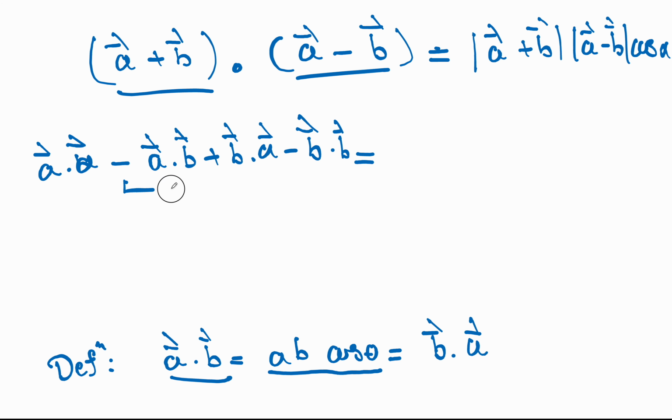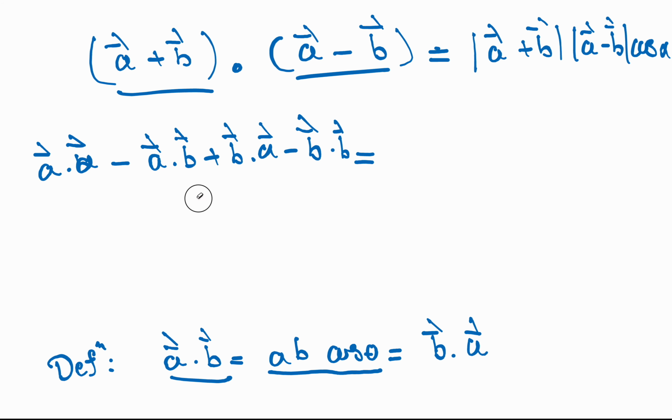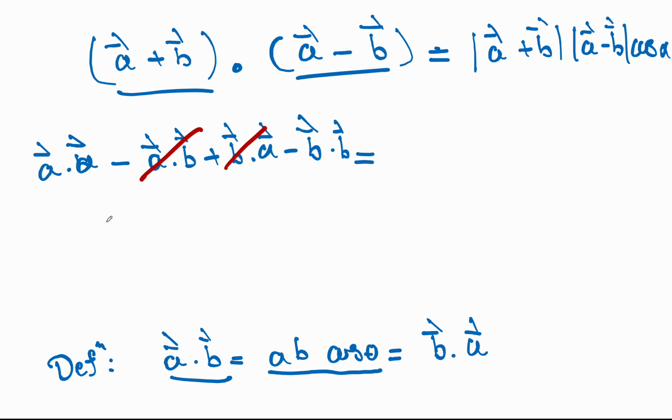So if we see these terms, they both are equal, and their difference will turn out to be 0. So these two terms will get cancelled, and what we are left with is A bar dot A bar minus B bar dot B bar.